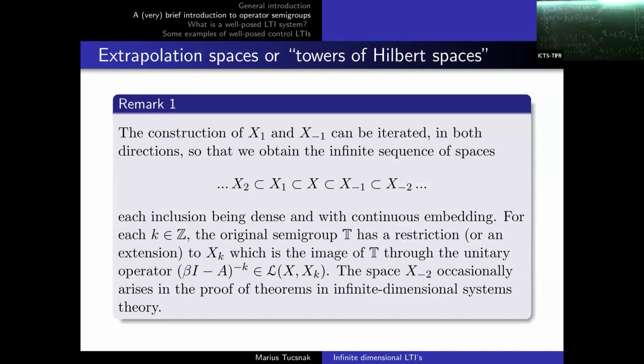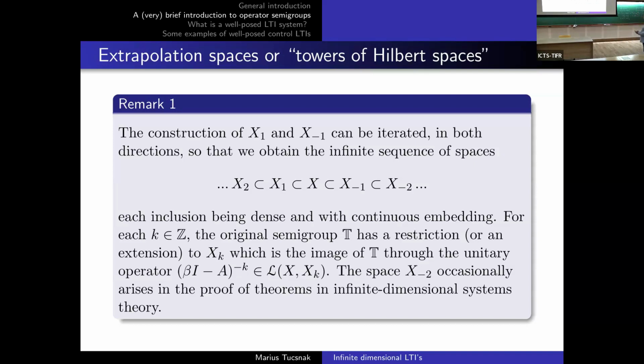Okay, so this construction can be repeated in both directions, and we get what, for instance in the book of Engel and Nagel, is called the towers of Hilbert spaces. So we obtain new semigroups which are either extensions or restrictions, and which are similar by this kind of isomorphism to the original one.